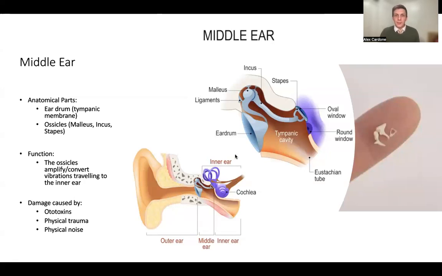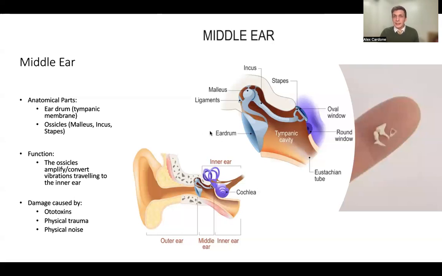So both the second-to-the-right picture and the picture right in the middle describe the overall pathway that noise takes to go through the middle ear. As noise travels into the pinna, through the ear canal, it reaches the eardrum or the tympanic membrane.